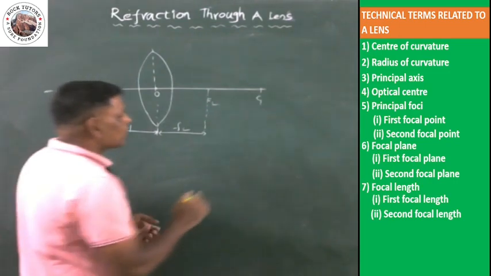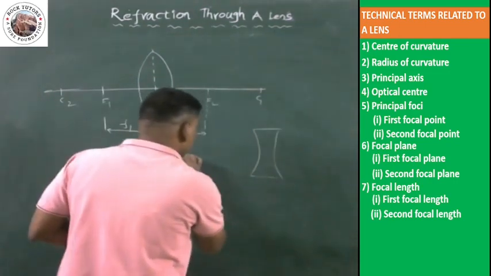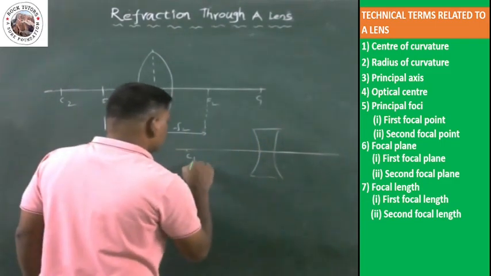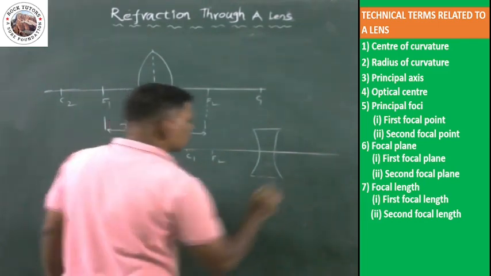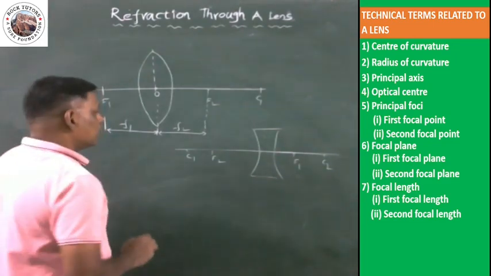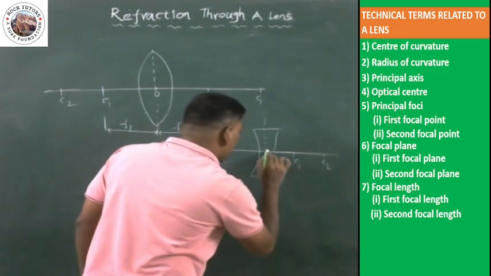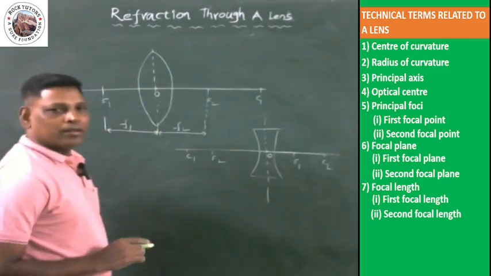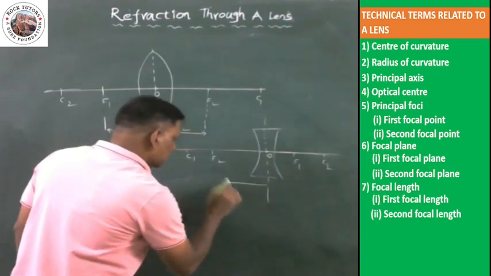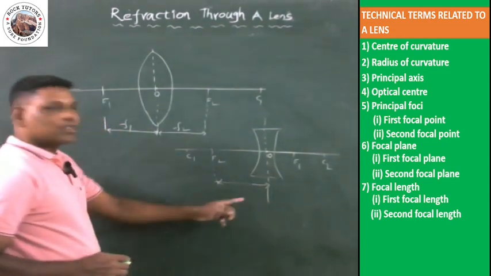The same way for the concave lens also. For the concave lens, C1, F2, F1, C2. This is the optical center. The distance between the optical center and the second focal point is called a focal length.